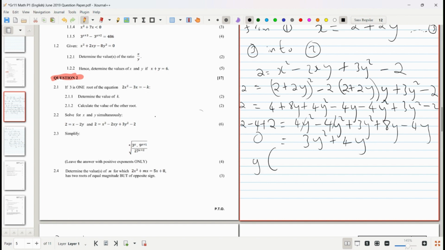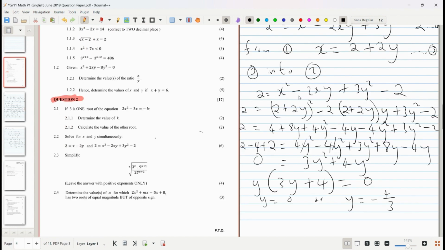So we can say y times 3y plus 4 equals 0. So our value for y will be y equals 0, or y will be equal to -4 over 3.